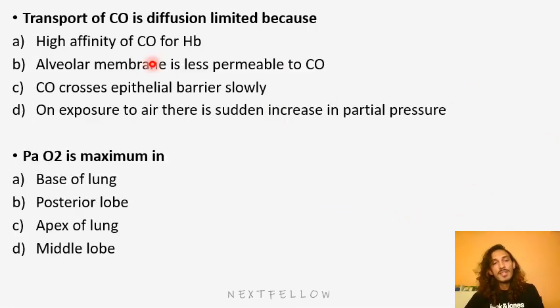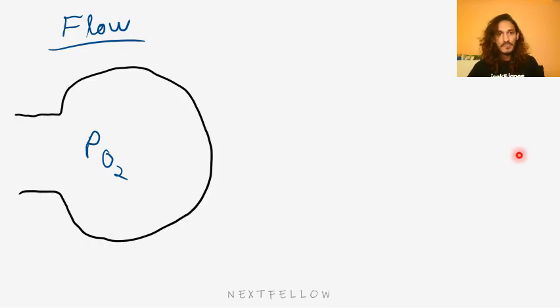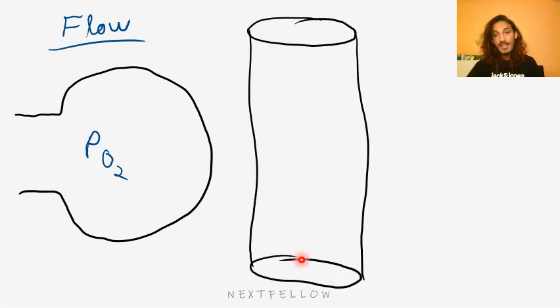Another concept is flow limitation: what is perfusion limited, and what is diffusion limited? We'll come to understand that. We have the alveoli, with a partial pressure of oxygen there, and there's the blood vessel. The oxygen has to go into your pulmonary vasculature.